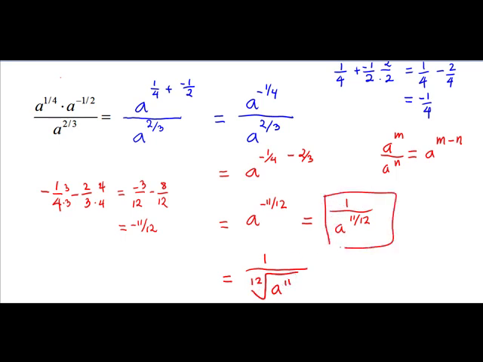Either one is the answer. So if the denominator is bigger than the numerator, you cannot simplify. In other words, if the numerator is bigger than the denominator, then you can simplify. And to do that, you have to rewrite it to look like this and simplify.